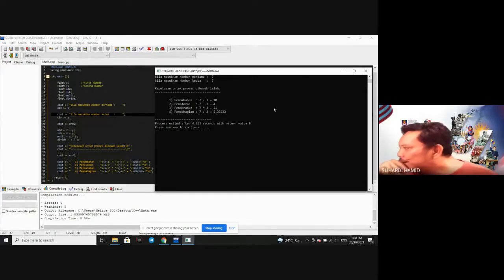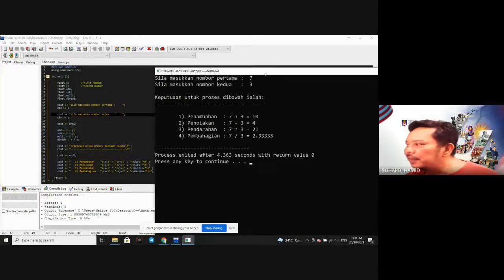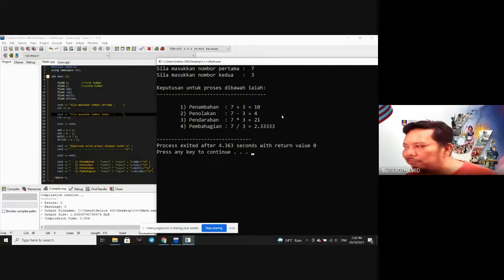There you go. So in this case, I understand that you're using Malay. It's fine, but at least you can see here, number 1, number 7, and number 3, the entry point is somewhat close by. That's number 1. Number 2, the floating number is not restricted to 2 decimal places, isn't it?